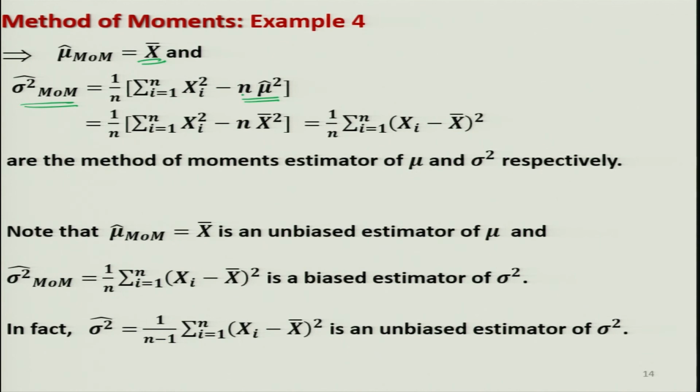So, this will become minus n mu hat square. So, this becomes n times x bar square, and if you solve this quantity, this is simply 1 upon n summation i goes from 1 to n of xi minus x bar whole square.